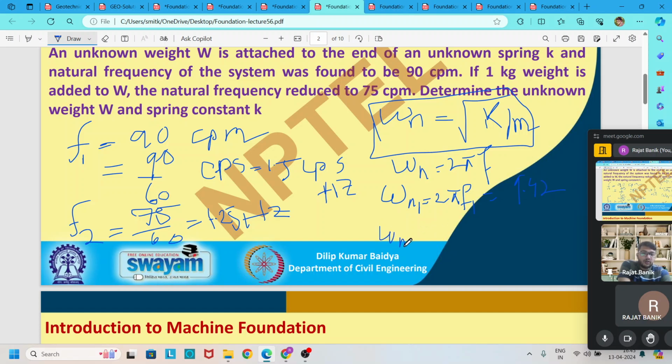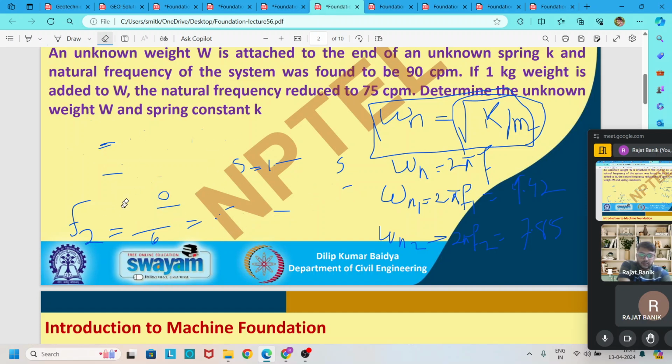Then omega n2 for the second case is equal to 2 pi f2, which is equal to 1.25 into 2 into 3.14, equal to 7.85. I am rounding it due to the limited space.